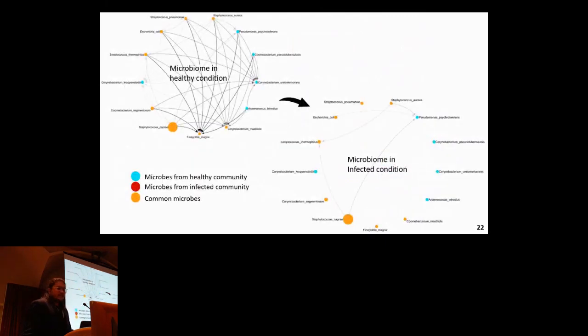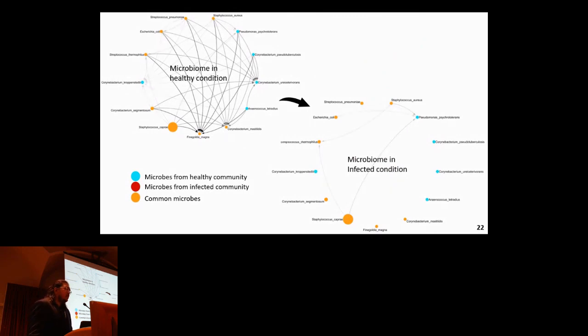The network here shows the interaction pattern of the healthy community in different conditions. The first one is in the healthy condition, while the second one is in the infected condition. You can see that there are a lot of edges in the healthy condition.